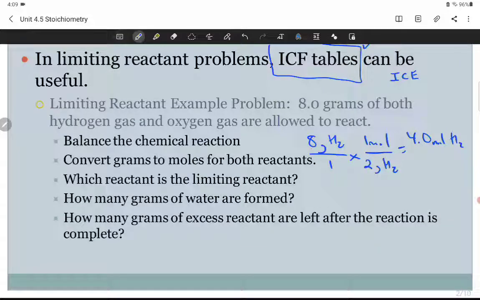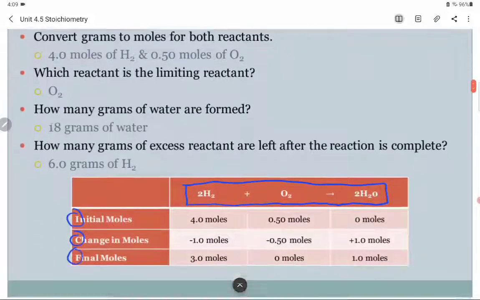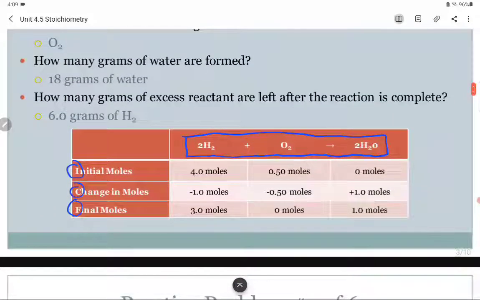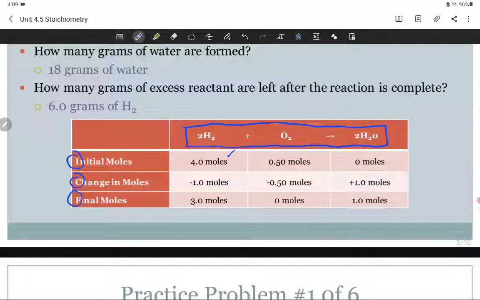Okay, so I already did the grams to moles conversion for you, and it's down here. So we start off with 4 moles of hydrogen gas, and the 8 grams of O2 gets converted to 0.5 moles of O2. And of course, we start off with 0 products.